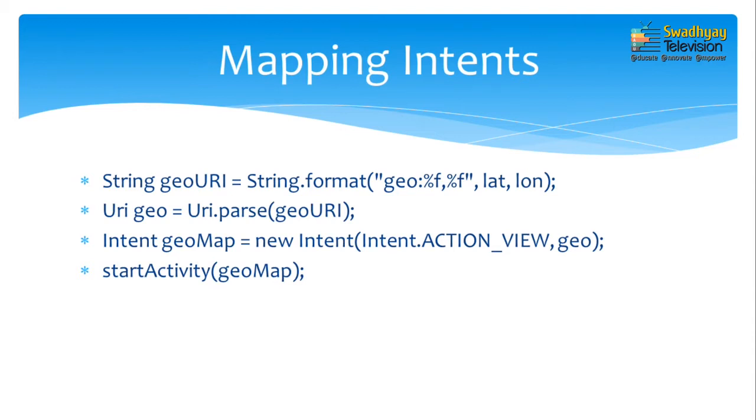Since we have specified a geographical URI, it always opens the map, and then finally we have to start the activity which specifies the intent as an argument. So, this code will create one specific location URI. If you know the longitude and latitude, you can always create this URI, and then you can call the intent for showing it on Google Map.